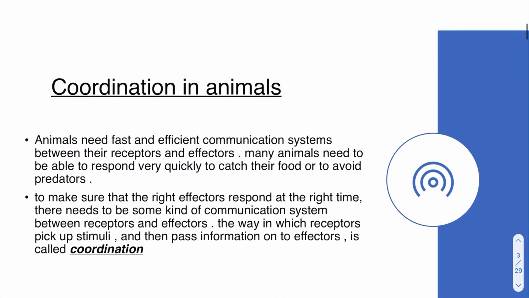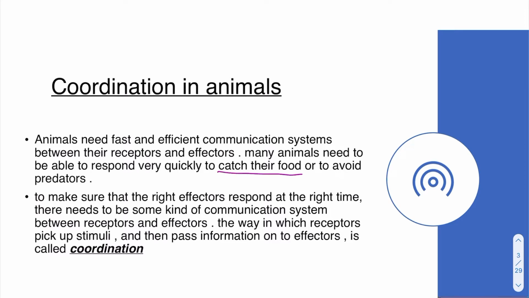Okay, so because they want to catch their food or they want to avoid predators, this communication system should be very, very quick. We have two communication systems, one which is called nerves, that we are going to talk about now, and another one is hormones, that we will talk about later maybe.